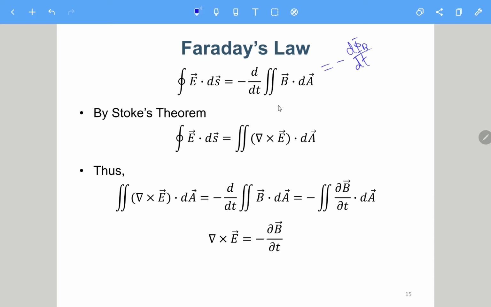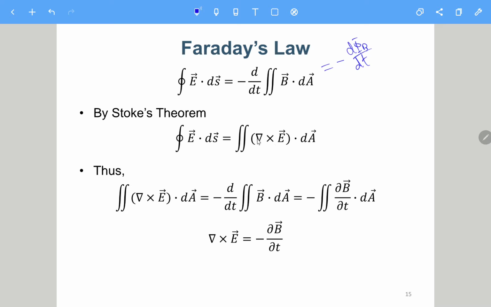And of course it's not a closed integral, so we don't have a circle here. Then we try to apply the Stokes theorem on the left side. For the Stokes theorem, we have the line integral of a vector field, and on the right hand side we have a double integral over the area enclosed by the Amperian loop.